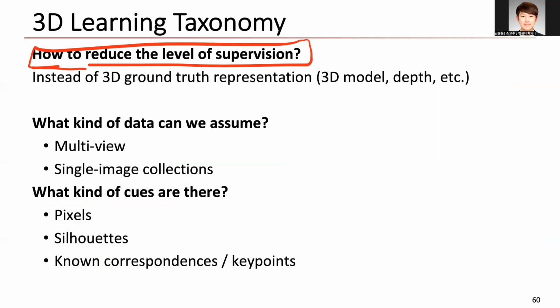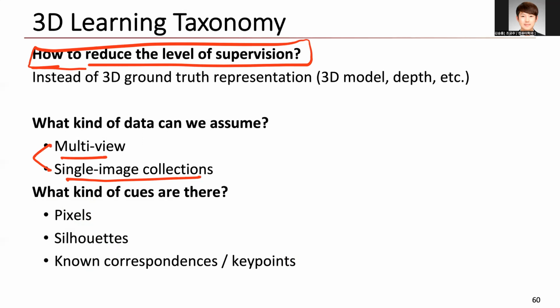What kinds of data can we assume? Multiple images or a single image collection, right? In this kind of data, we do not have the corresponding 3D ground truth representation, but there definitely exist 3D cues from the multi-view images or the single image collection that share the semantic knowledge.